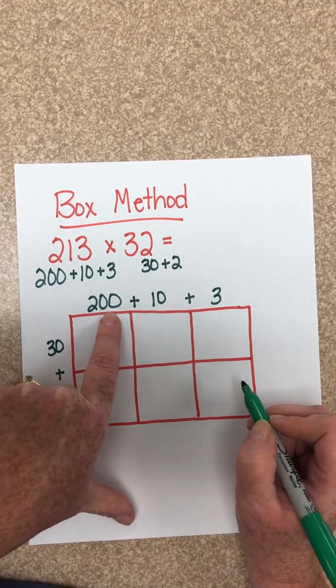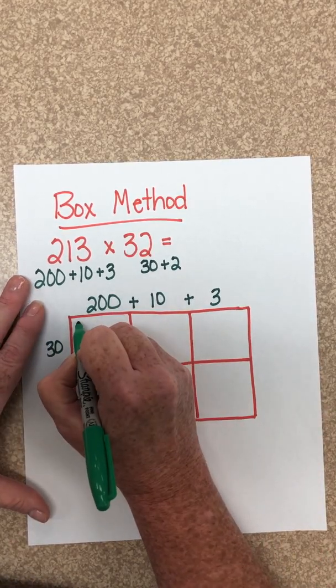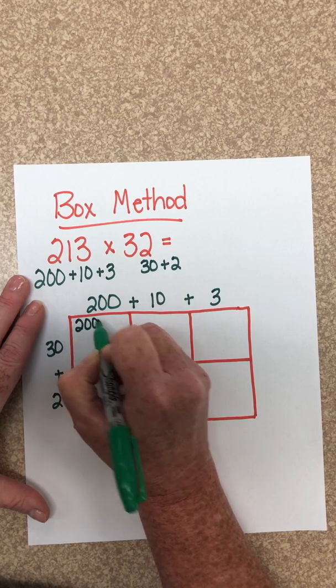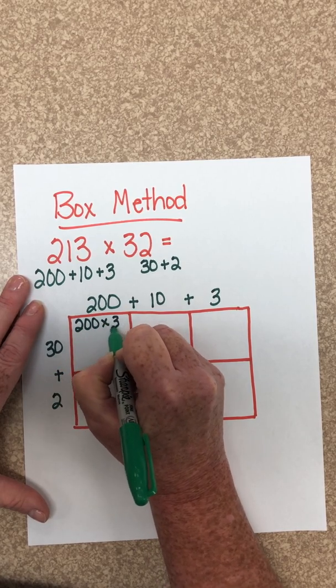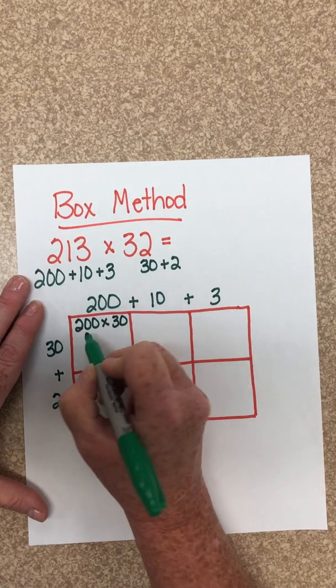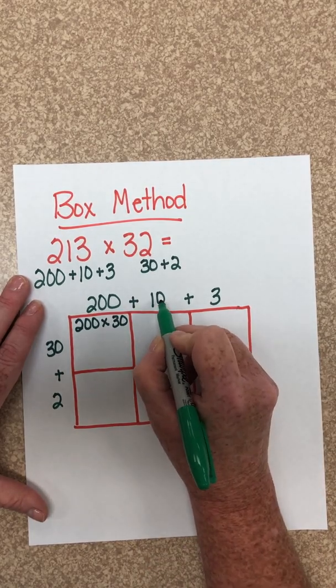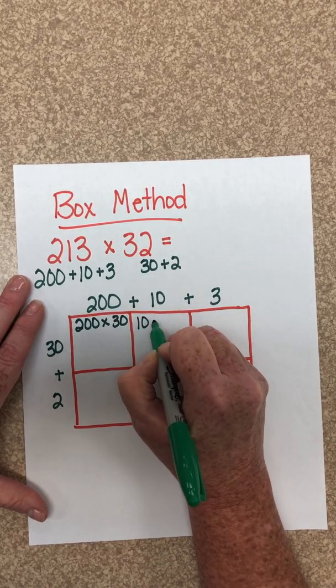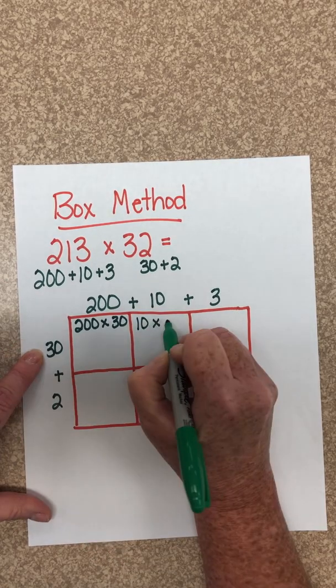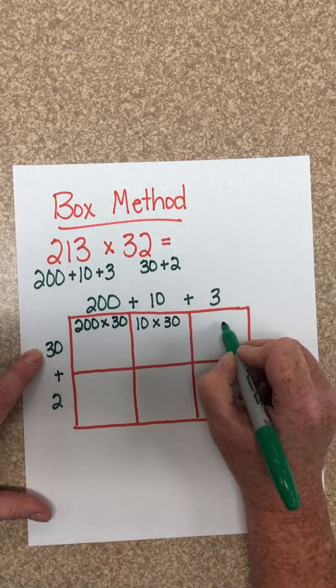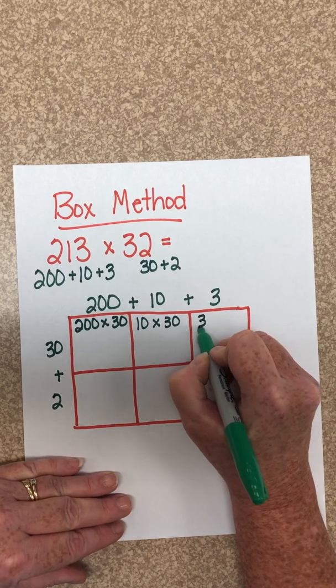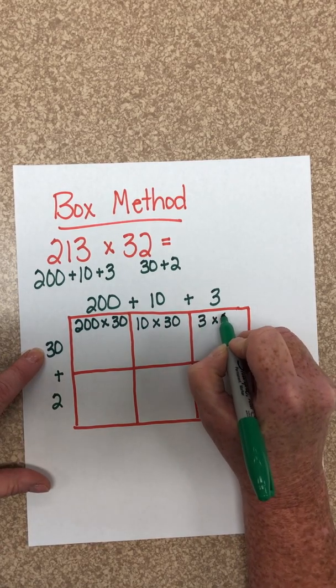I recommend we always start with the top. So let's write 200 times 30. Now let's look at the next one. This is 10 times 30. And last is 3 times 30.